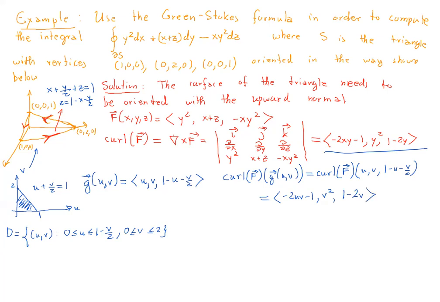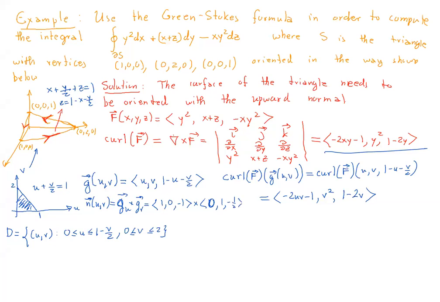So this is the pullback, and we need to compute the normal vector. The normal vector should be constant because everything is linear here. So we will have the cross product g sub u cross g sub v, which is (1, 0, negative 1) cross (0, 1, negative 1/2).